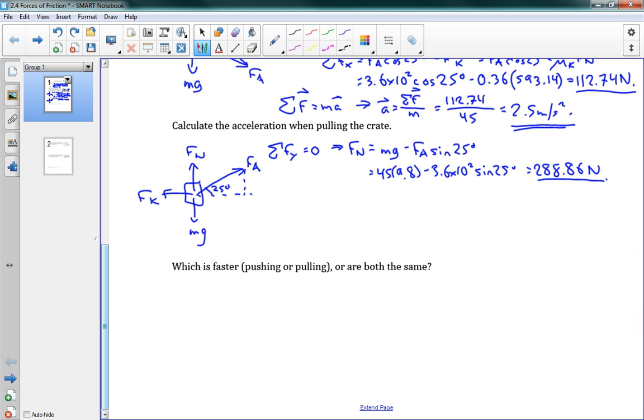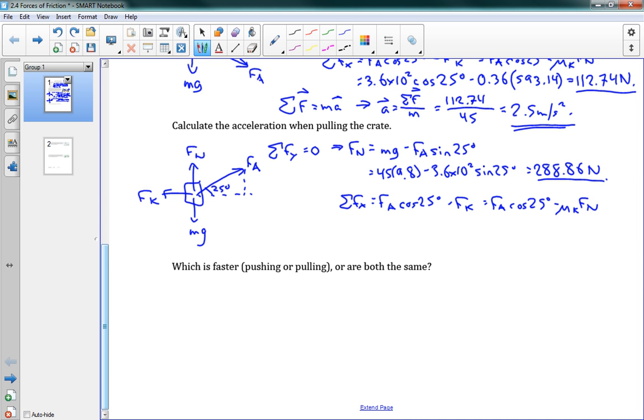We can say that the net X force is equal to, well, we still have in the positive direction, we have Fa cosine 25 degrees. And still in the negative, we have minus Fk. Okay, and I can rewrite this again, Fa cosine 25 degrees minus mu k Fn.